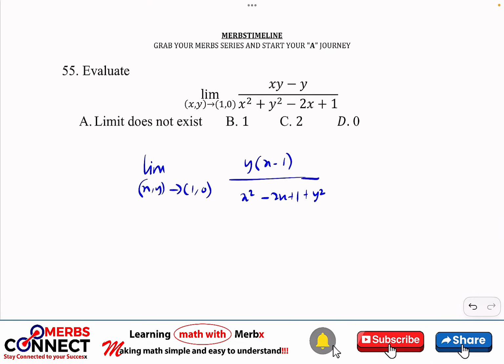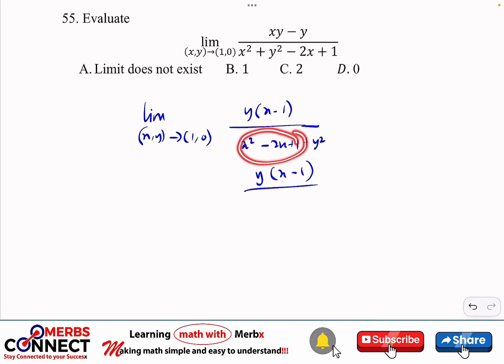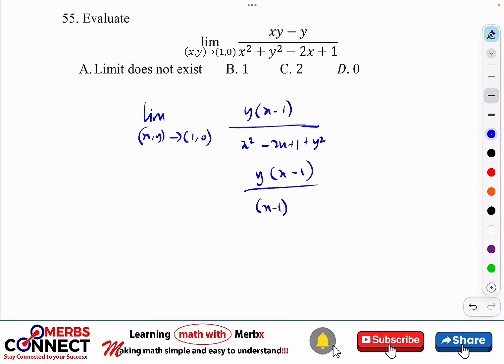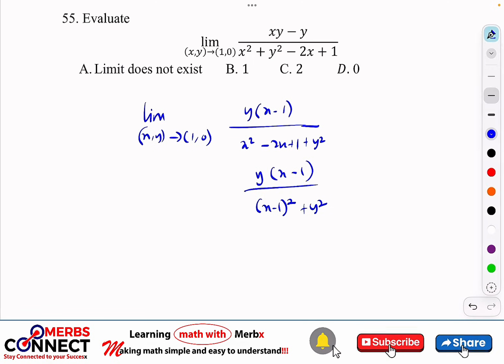So I just want to group the x terms and then bring the y here. Now limit, I'm not going to write the limit again. I'll bring it later. x minus 1. Now this is the same as (x minus 1) squared plus y squared. Is that right? Yes, this is right, because when I expand this, I need to get this. Now let me bring my limit now.